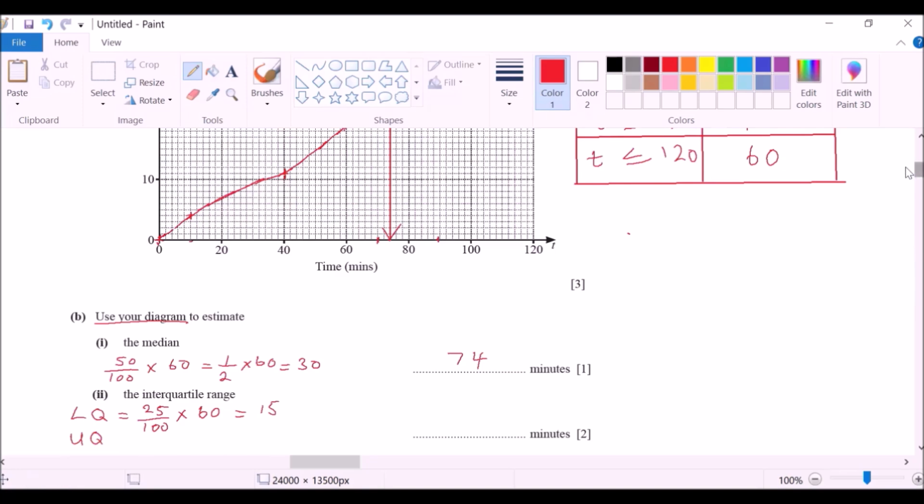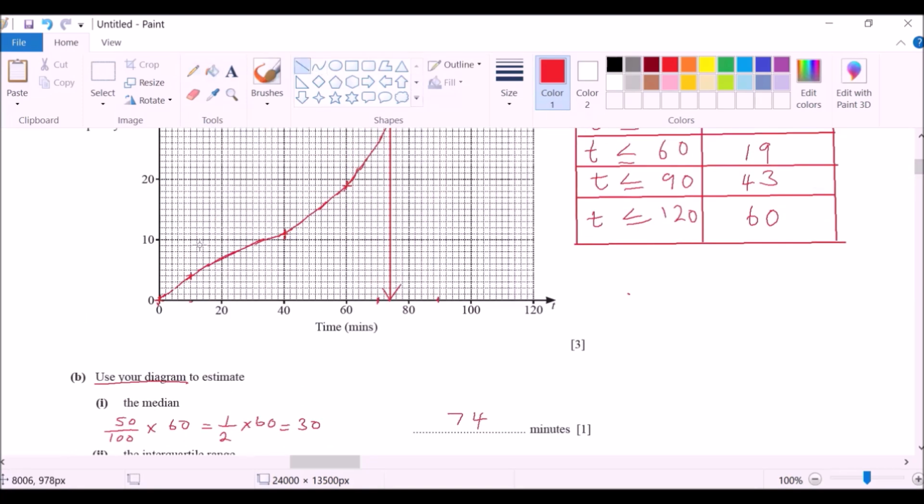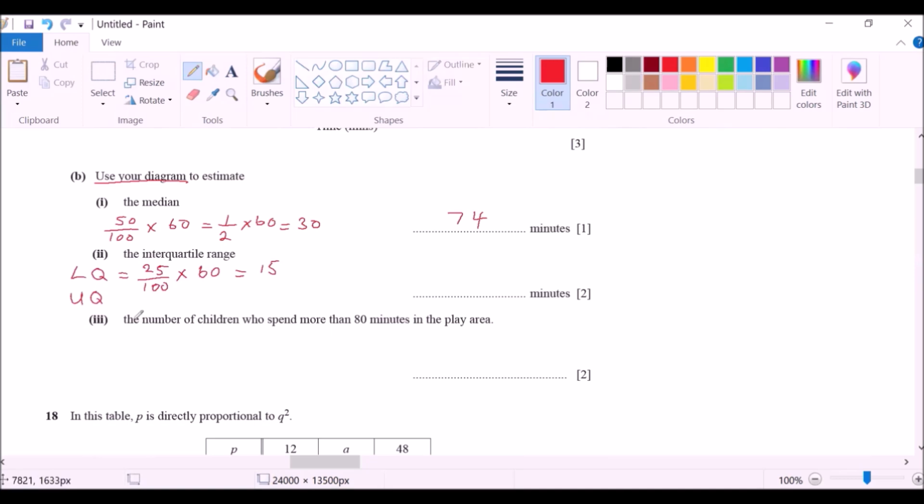So we go to our graph and find the lower quartile at 15. 15 is here, and we draw a horizontal line there, and then a vertical line from there to find the value of the lower quartile. 1, 2, 3, 4, 5. So that's 50, 52.